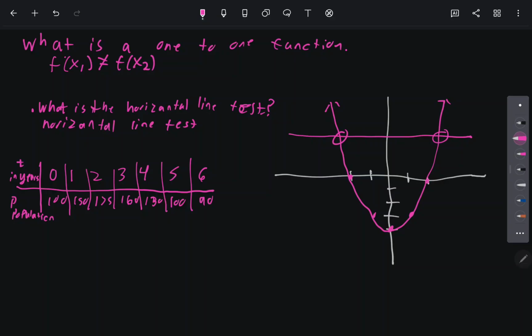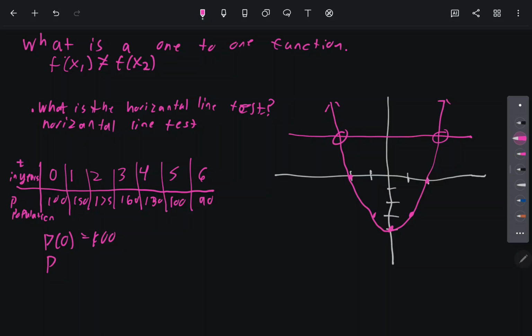But this doesn't work very well with tables. Well, let's look at this table that we have, and we are going to determine whether or not it's a function. And I'll give you a moment. If you've taken a moment to look at the table, you'll see that P of 0, which I'm just saying population at time 0, is equal to 100.